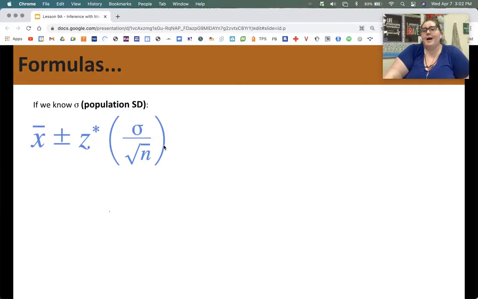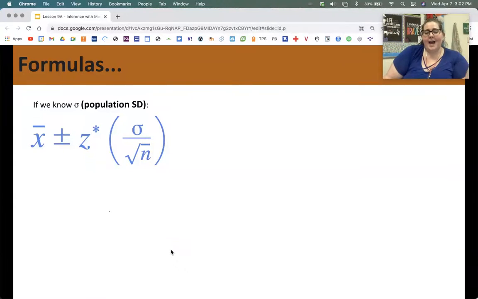You may remember this from when we talked about sampling distributions with means. This was how we found the sampling distribution standard deviation. So that's where that came from. This would be how I calculate an interval if we happen to know the population standard deviation, which would allow us to use the actual normal model. So in a minute, we'll come back and talk about what happens if we don't know that.